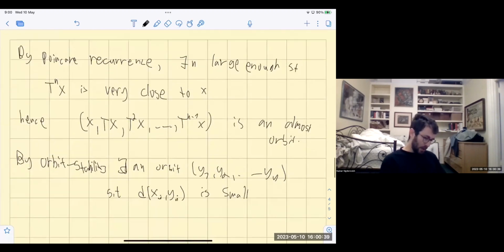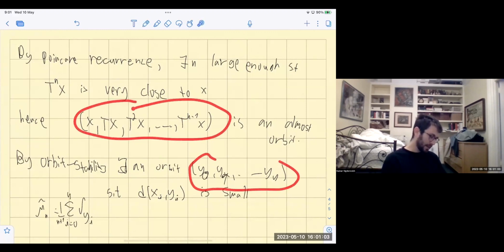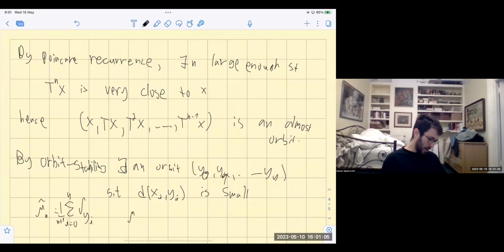Now, let's denote this by mu n. Let's take the measure mu n tilde to be just the sum of delta yi, i equals 0 till n, times 1 over n plus 1. Since this is very close to this, mu n tilde is very close to mu n.